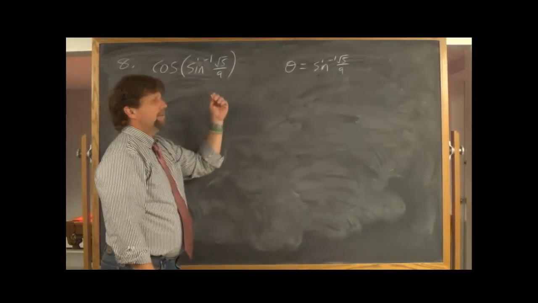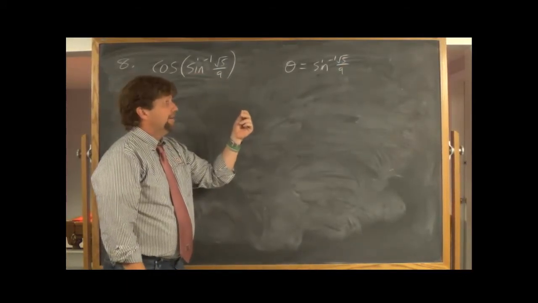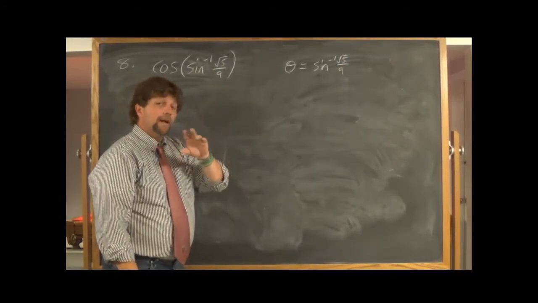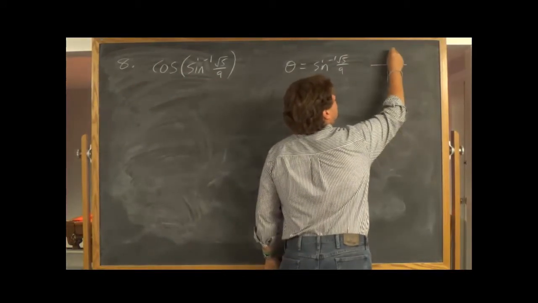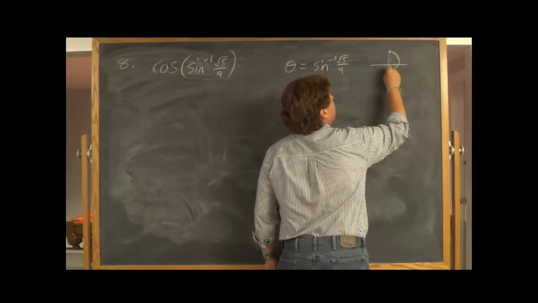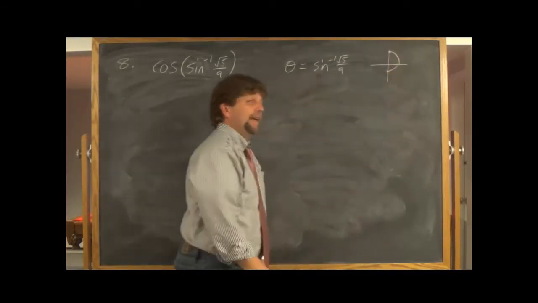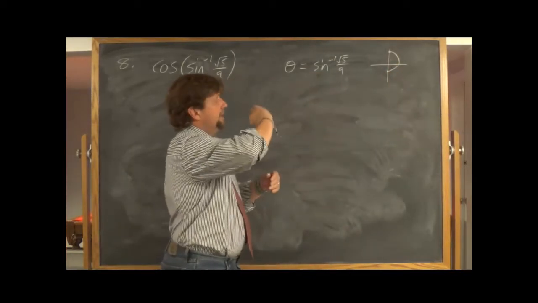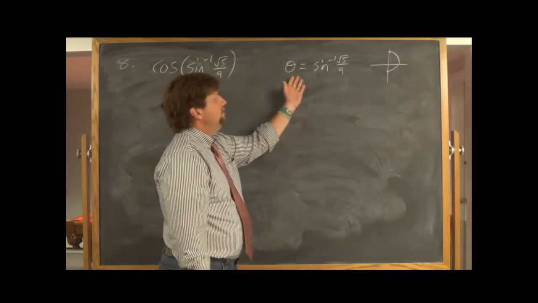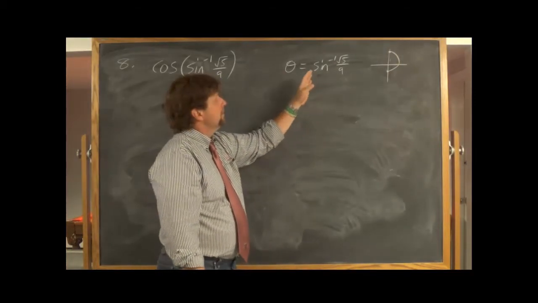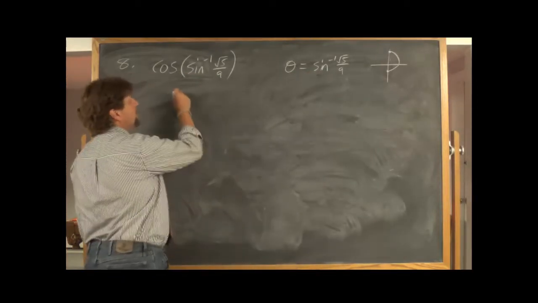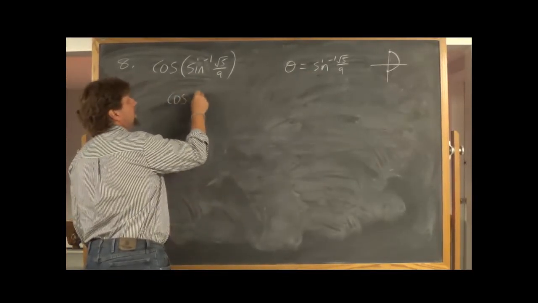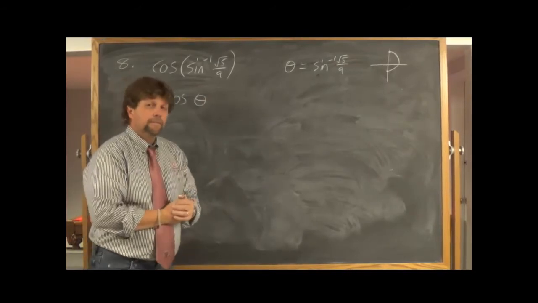So this is representing some angle theta, and I know it's on the right half of the unit circle because that's my definition of inverse sine. It's finding an angle from negative pi over 2 to pi over 2. By just writing this down, I have turned our original problem into nothing more than finding the cosine of theta.